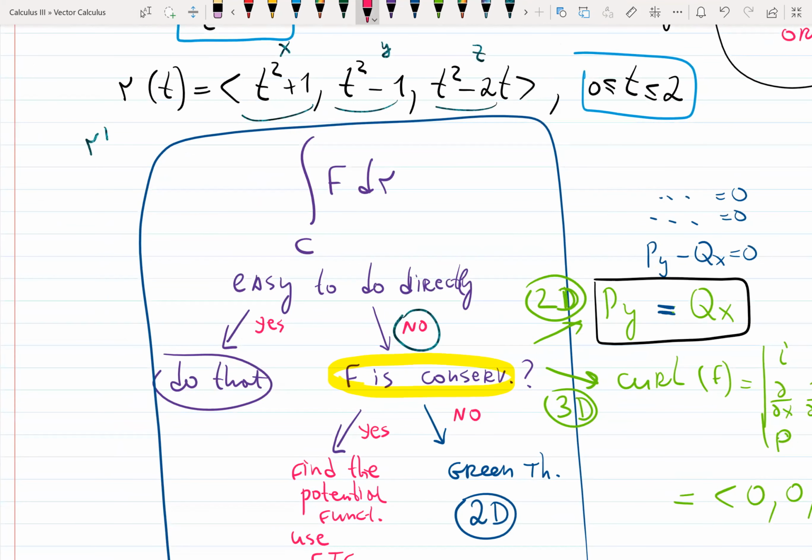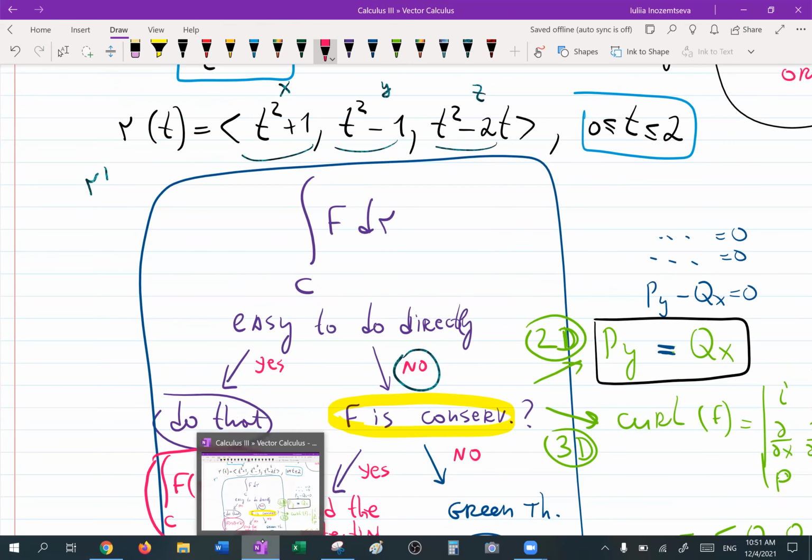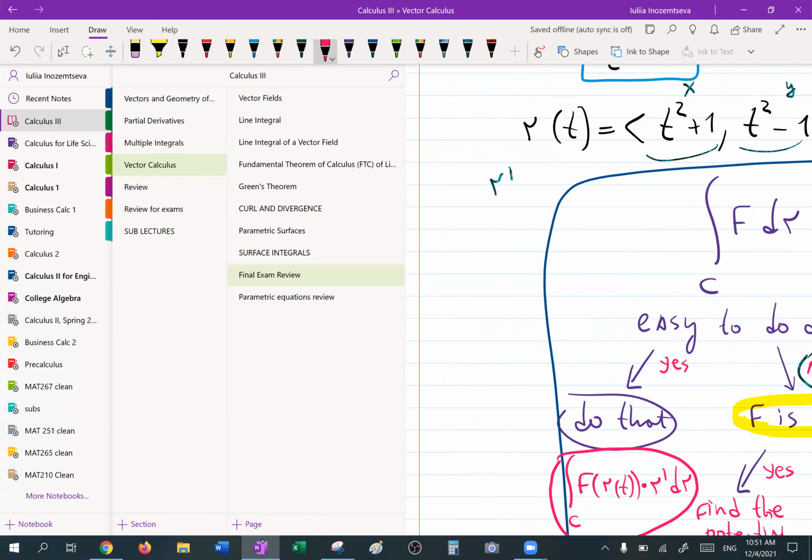But just like I said, maybe write down the formula. Directly is when you remember that the formula is f, plug in your r of t, times r prime dt. This is the direct way. So if you believe that is easier, then you do it this way.